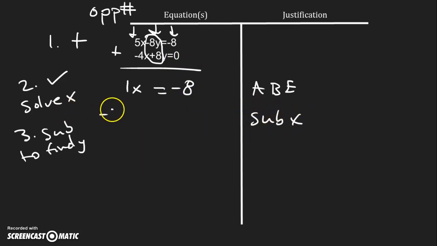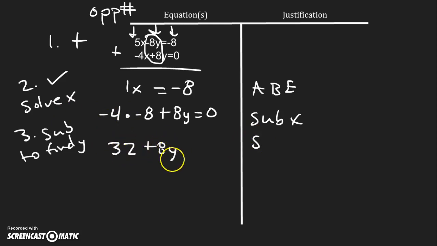When we do that, what we get is negative 4 times negative 8 plus 8y equals 0. We can go ahead and simplify and solve for y now. So let's simplify first. Negative 4 times negative 8 is a positive 32 plus 8y equals 0. Now we can go ahead and subtract the 32.